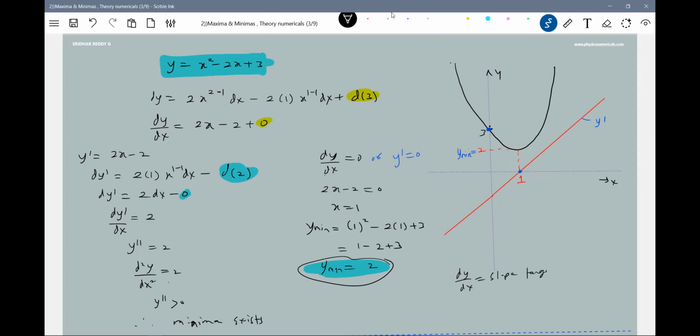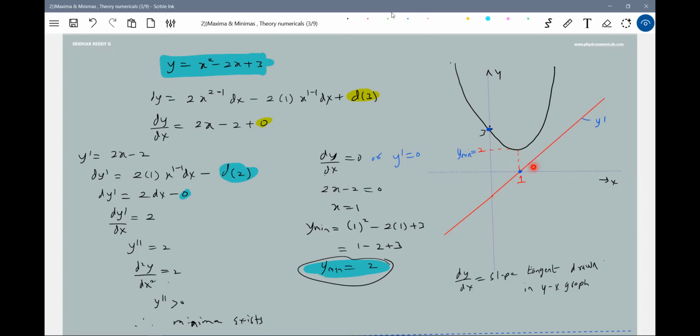Slope of the tangent drawn in the yx graph. That's all. If you draw a tangent at that point, it is zero. That zero is here only. That's what we are showing.